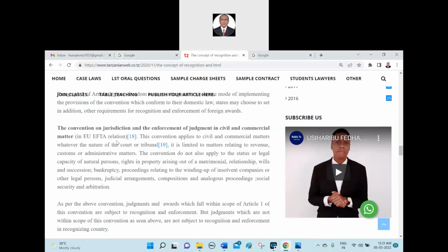The Convention on Jurisdiction and the Enforcement of Judgments in Civil and Commercial Matters (in EU-EFTA relation). This convention applies to civil and commercial matters, whatever the nature of the court or tribunal. It is limited to matters relating to revenue, customs, or administrative matters.